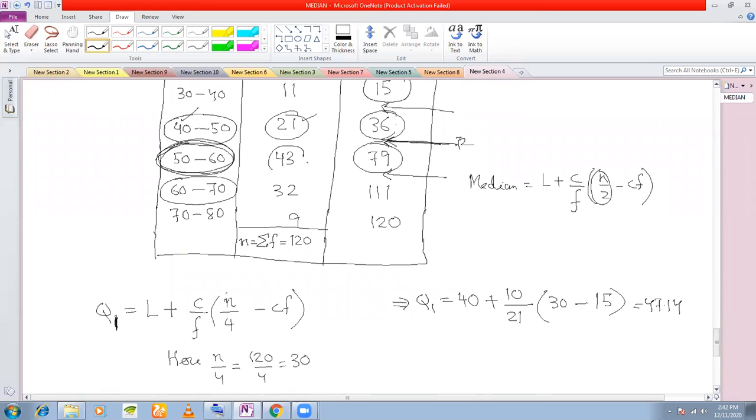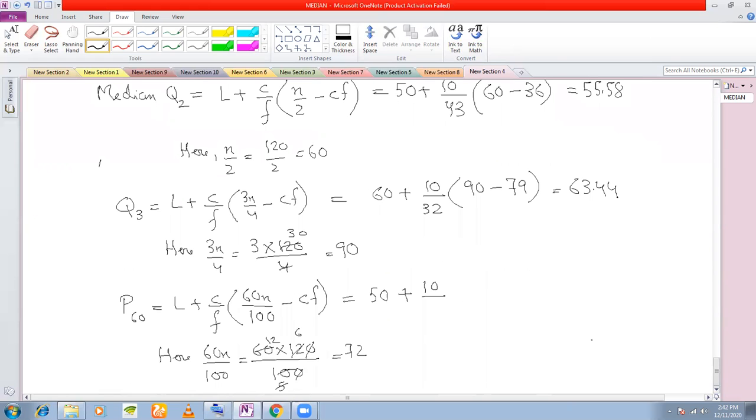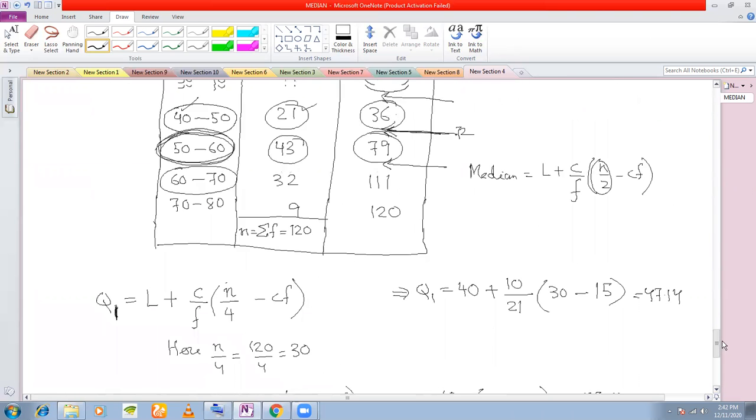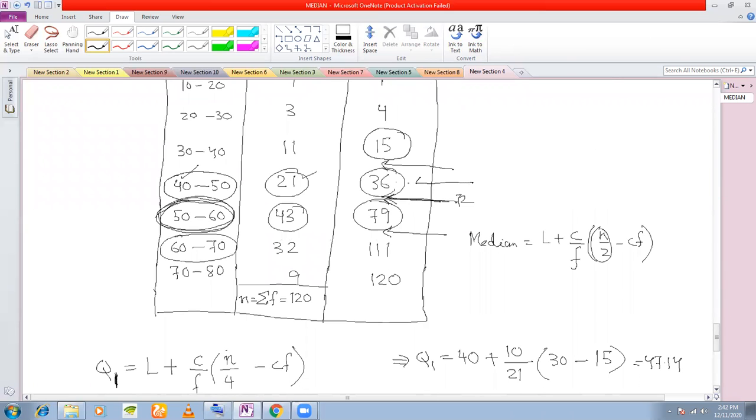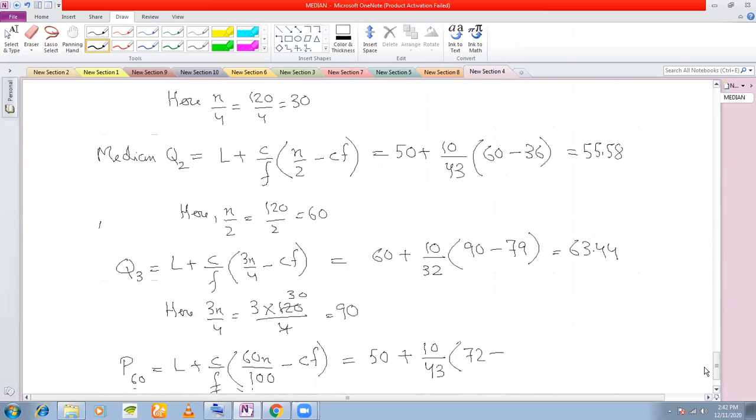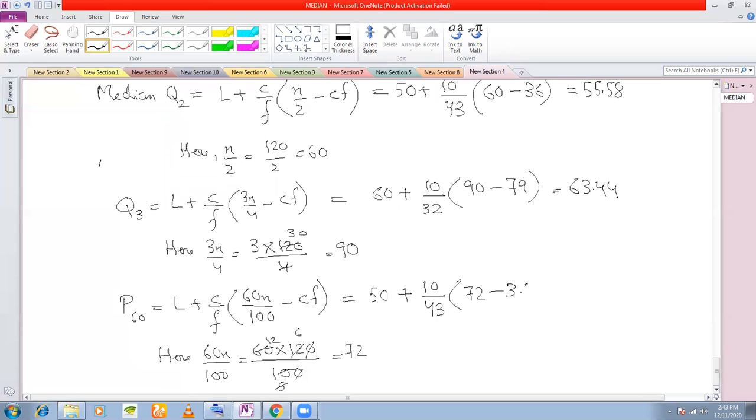Frequency is 43 into 60N by 100 is 72 minus cumulative frequency just above this class. What is the cumulative frequency above this class? 36. That's it. You calculate this to be 58.37.